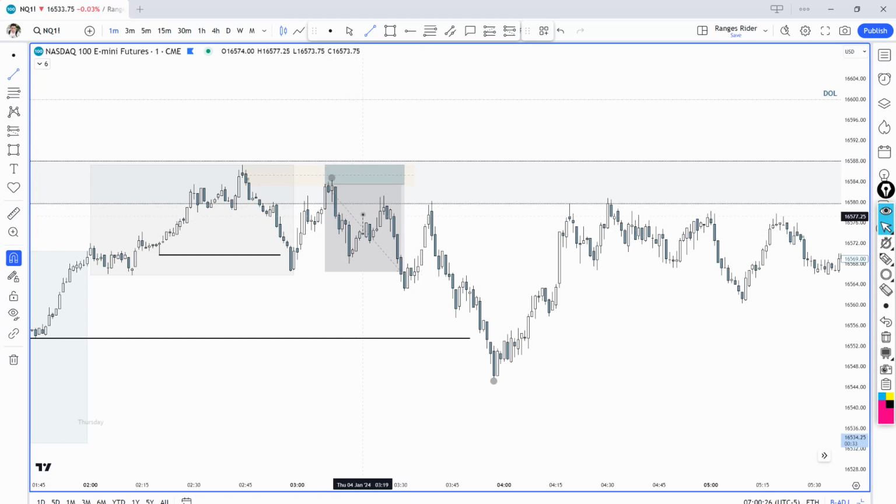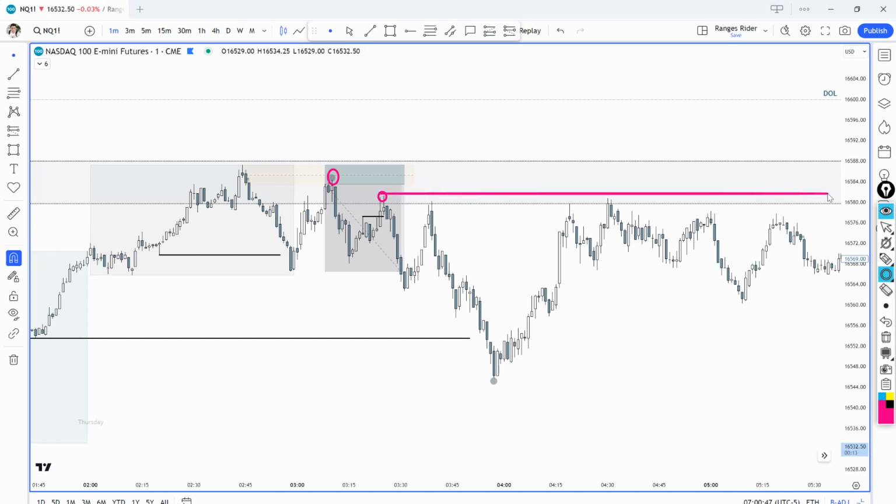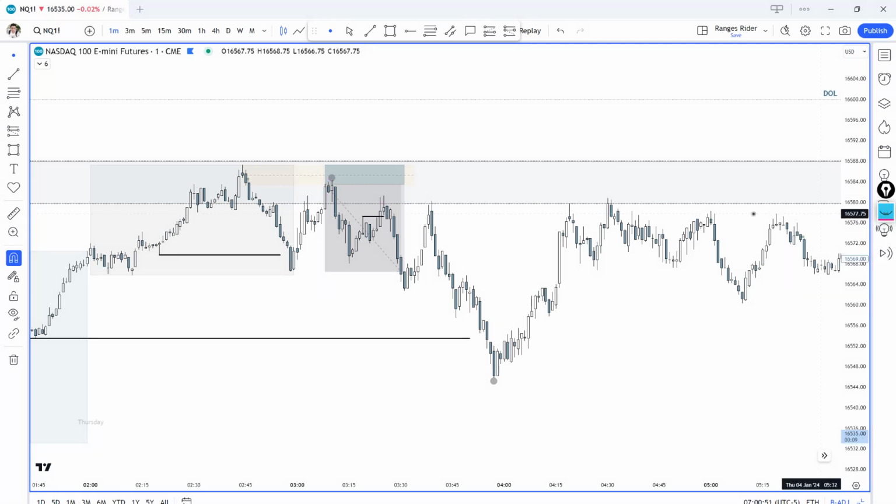But if you see that here also have the QM. So here basically this is also protected high, because this is also QM, and QM I know that this is the institutional level, so I'm expecting that this level will also not be broken. So in this case again, I don't care whatever is the POI.